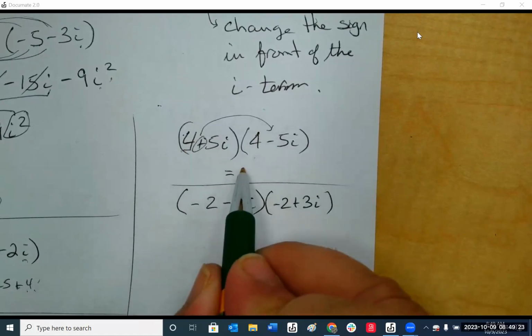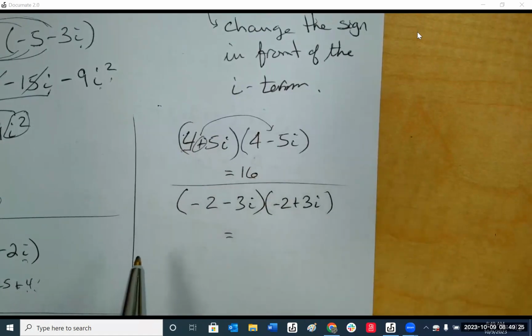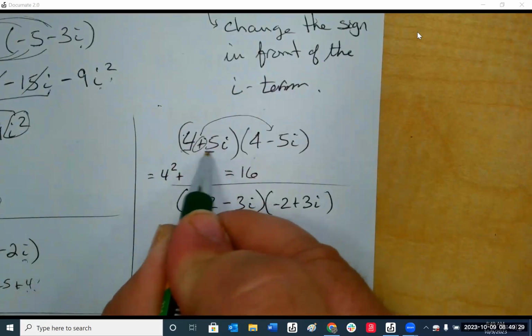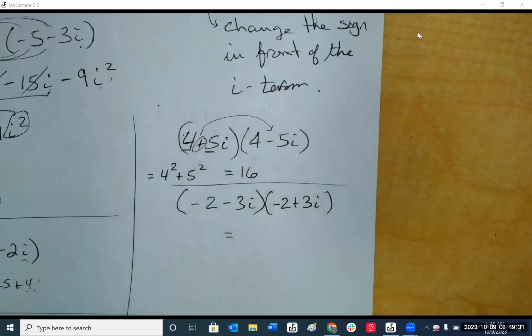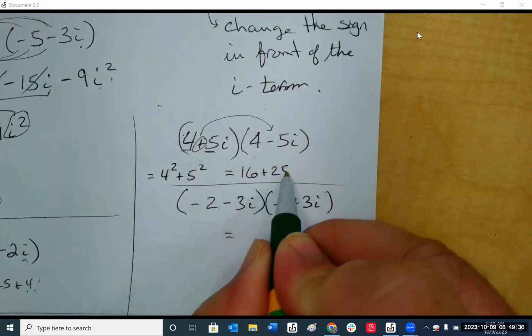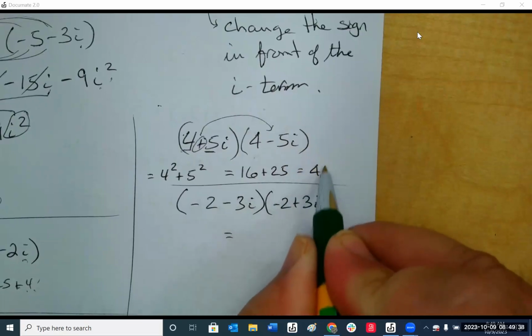Four squared is 16. So it's 4 squared plus 5 squared. 16 plus 25 is 41.